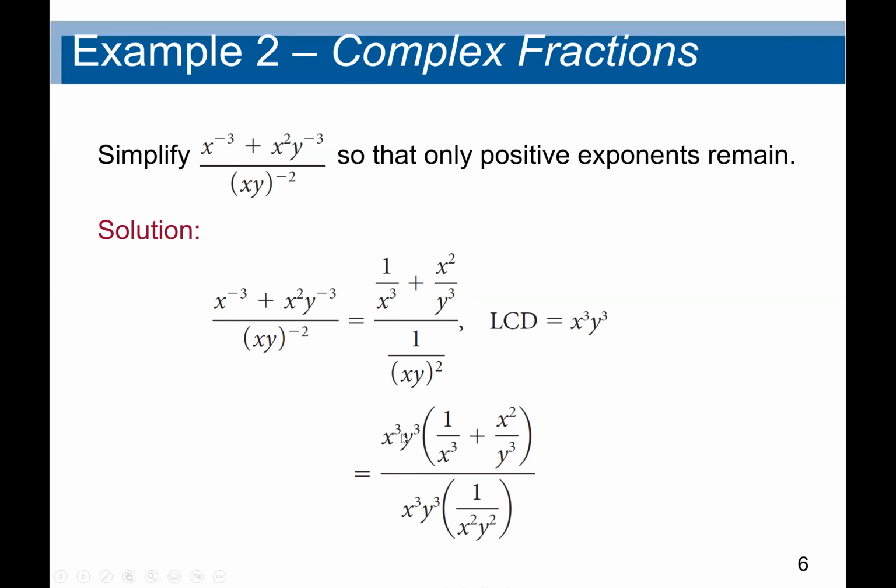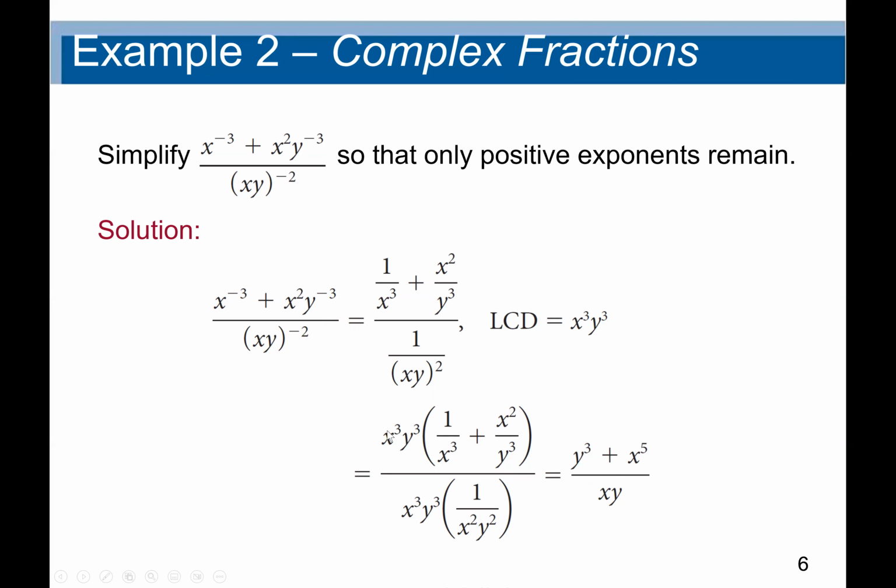Then since we are multiplying this with the numerator, we have to do the same thing with the denominator. Then the next step, we do our cancellations, and so our final answer, we get y cubed plus x to the power 5 over xy.